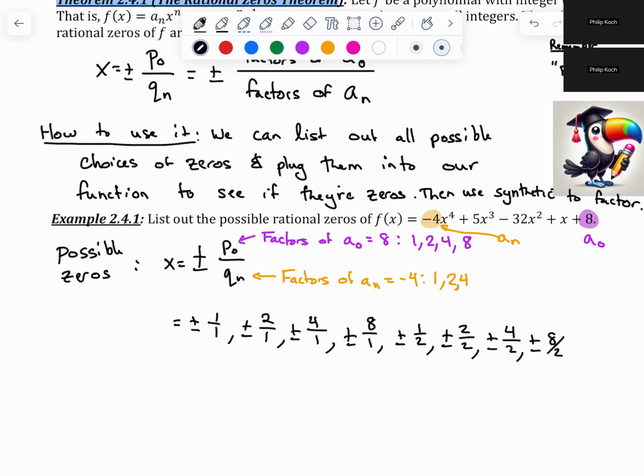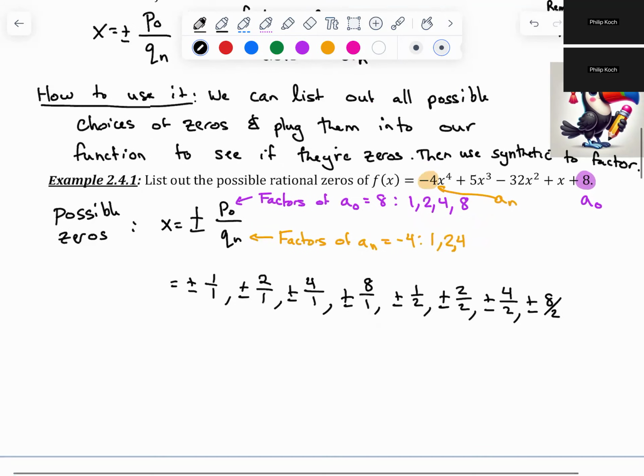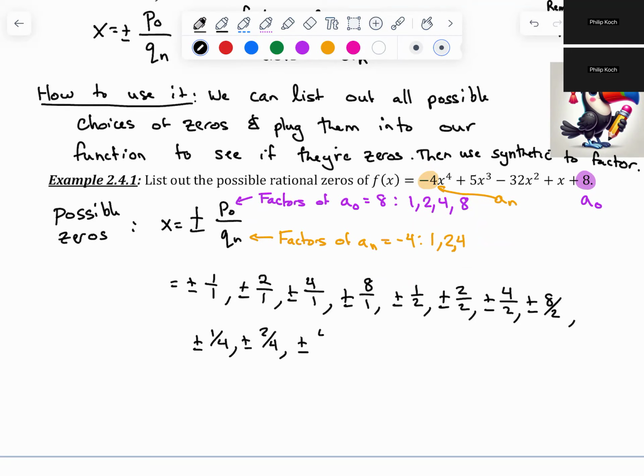And then the last possible factor for the denominator is 4. So we also get plus or minus 1/4, plus or minus 2/4, plus or minus 4/4, and plus or minus 8/4.